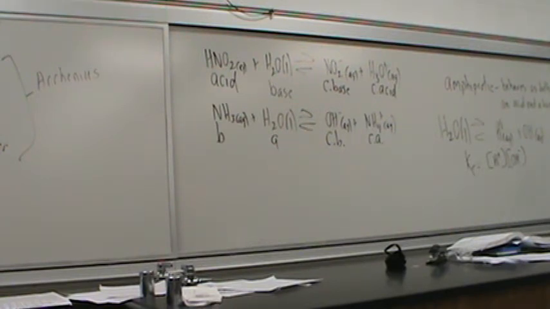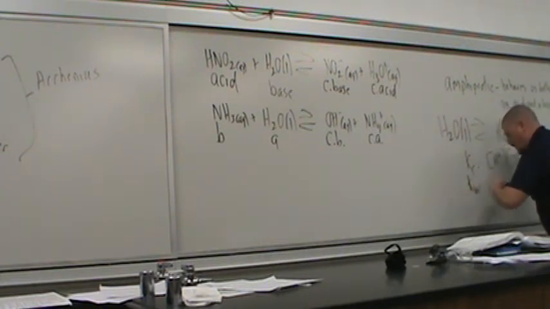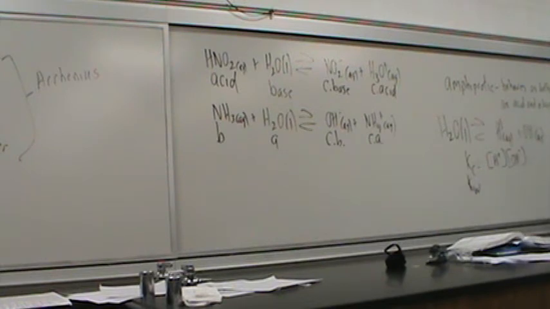Now for this one, instead of saying that it's the Kc, we call it the water constant, Kw. And Kw is equal to 1.0 times 10 to the negative 14th.